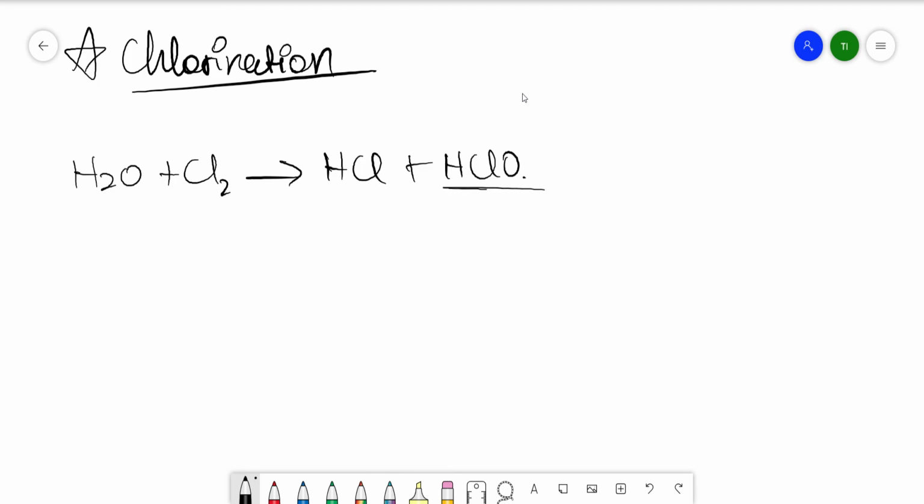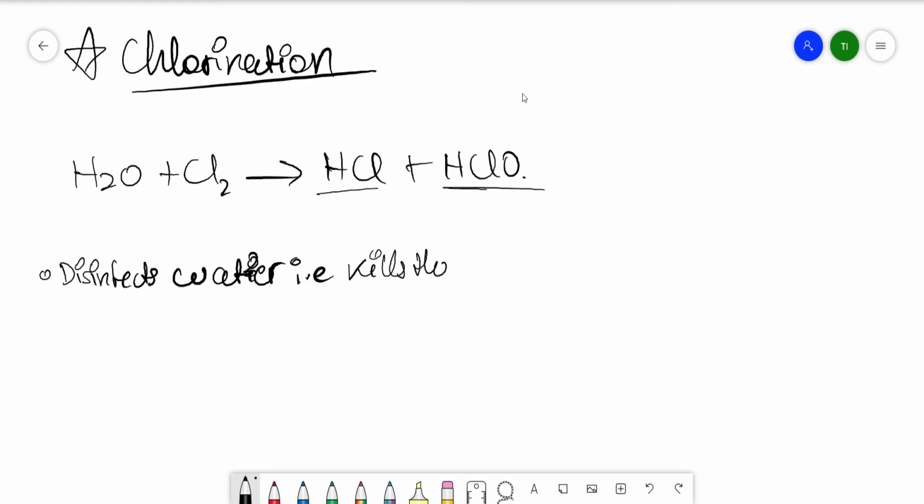This is hydrogen chloride or hydrochloric acid, if I'm not mistaken, and this is hypochlorous acid. That's the chlorination process. And what does chlorination do? It disinfects water. In essence, it kills the bacteria or pathogens that may be present in water.